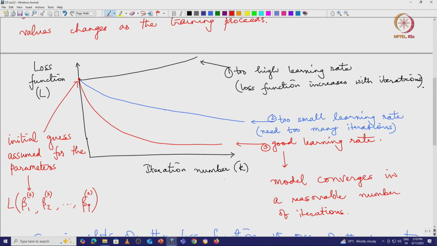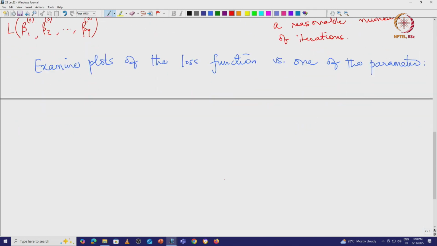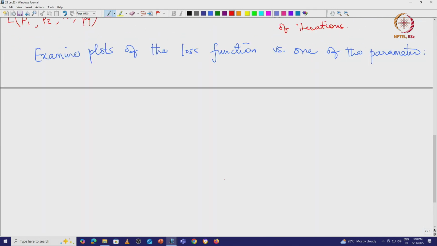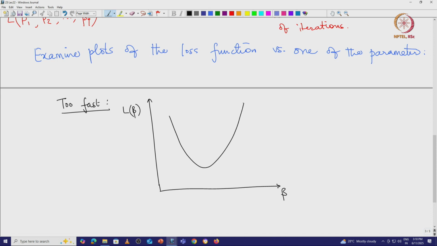So let us first start with the very high learning rate. If your learning rate was too high, if your learning process was too fast, then if you plotted the loss as a function of beta, that is the only parameter we are considering, and let us say for the purpose of the discussion the loss function is quadratic in nature, looks something like this, and therefore the optimal value of the parameter is here.